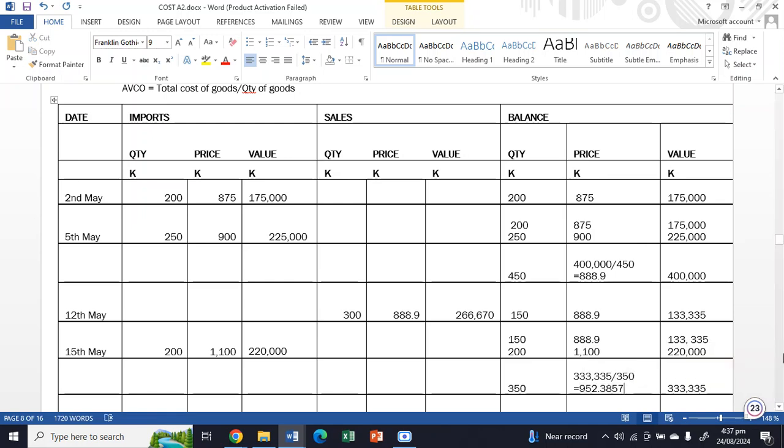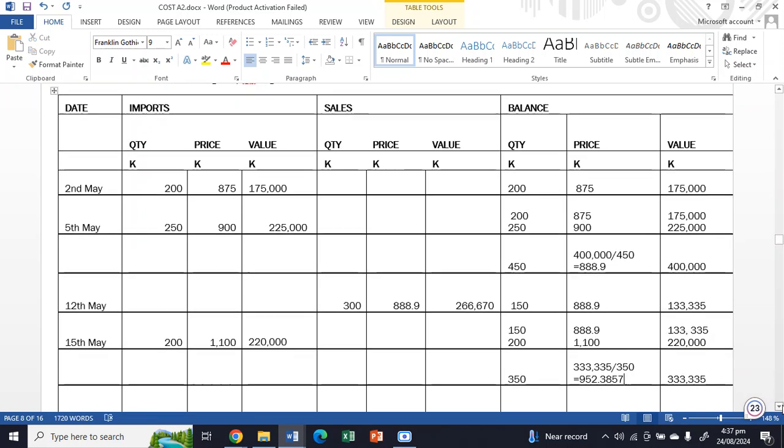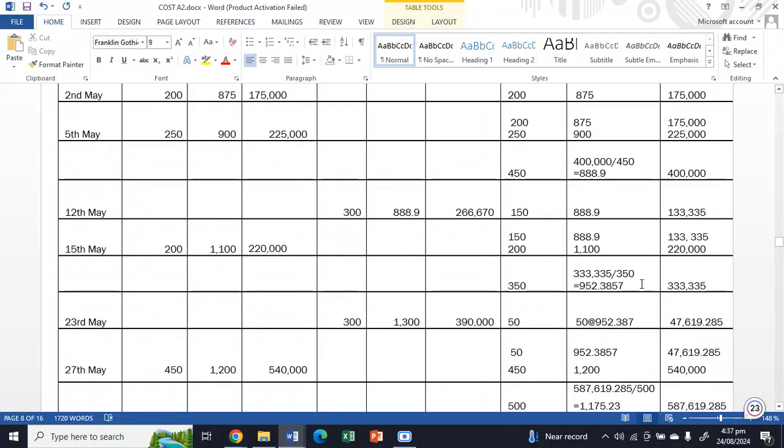I don't think there's any harm. Okay. So if you're comfortable, you can still leave them as they are. So 350 times 952.3857. Oh, you still get the same amount here, yeah.